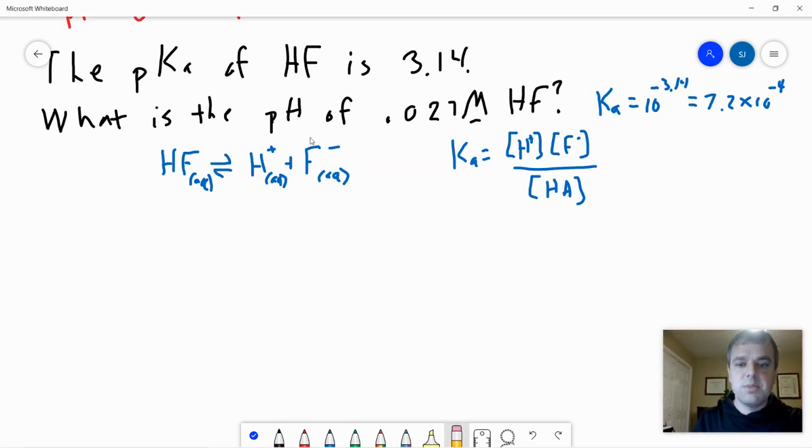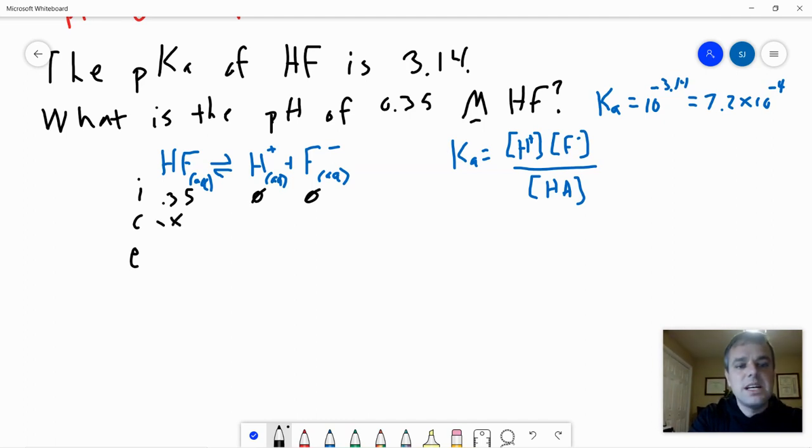All right, I'm actually going to make a quick change to this problem. I'm going to change the molarity to be 0.35 molar hydrofluoric acid. So to solve this, we will set up an ICE chart. Our HF concentration starts at 0.35. Our H plus and fluoride concentrations start at 0.